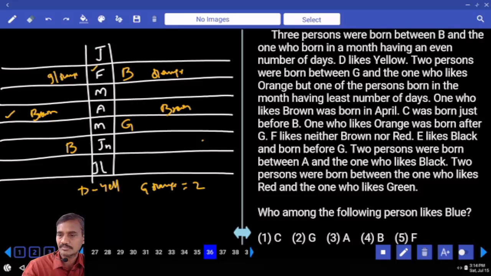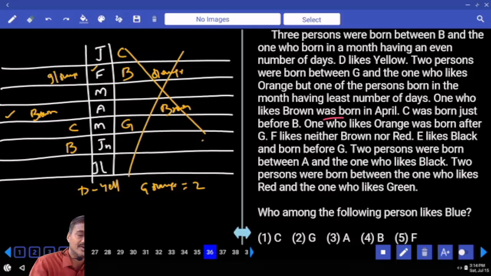And next one, C was just before B, and the one who likes orange was born after G. Orange is after G. Now in this case, orange is after G, that is ruled out. Hence orange cannot be here.